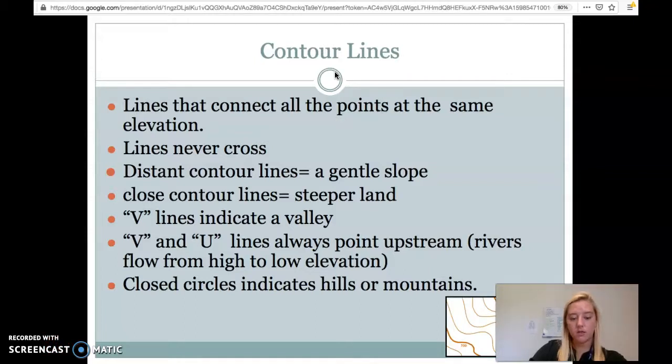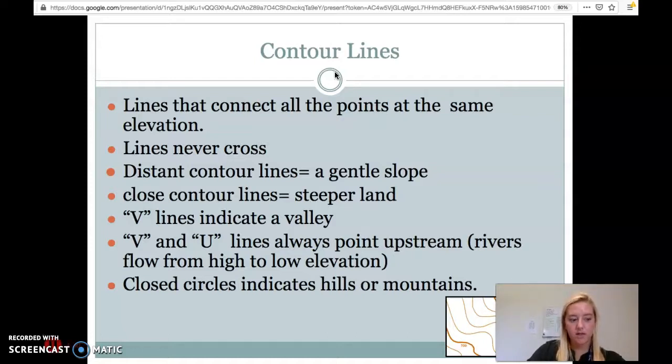And a closed circle indicates a hill or a mountain. So you're going to fill in the blanks. I would like you to write underneath where there's no blank and no bullet point, closed circles indicate hill or mountain.